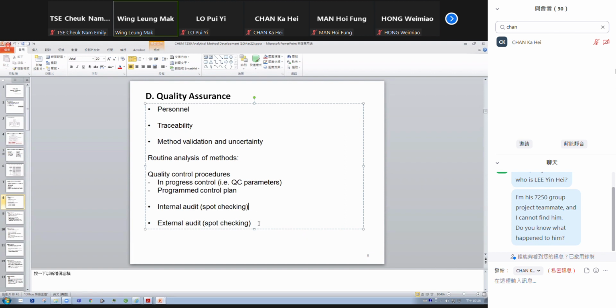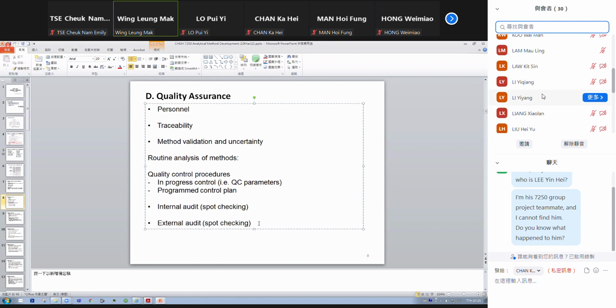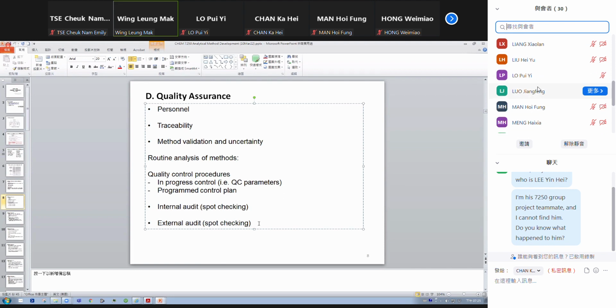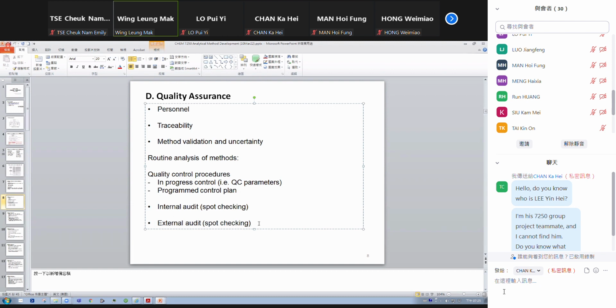External audit. External audit, such as coming from an accredited organization. In Hong Kong, for example, the HOKLAS, okay? In China, the CNAS, okay? In the UK, UKAS. They send out their experts and go to your laboratories to see what you are doing to conduct this analysis. Are you following the standard operation procedure and can deliver the reliable result?